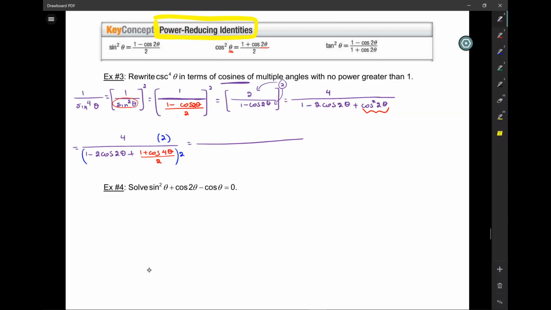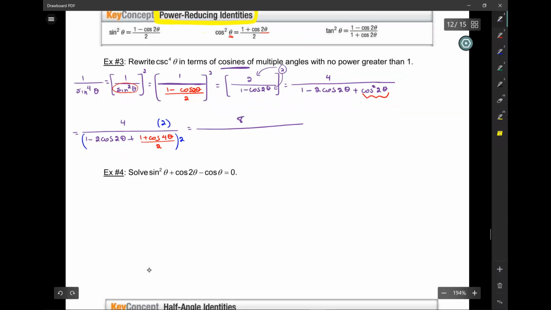You have one on the homework. 8 on top over. Let's multiply. 2 minus 4 cosine 2 theta plus 1 plus cosine 4 theta.